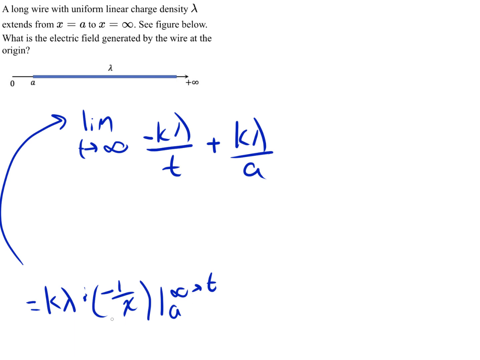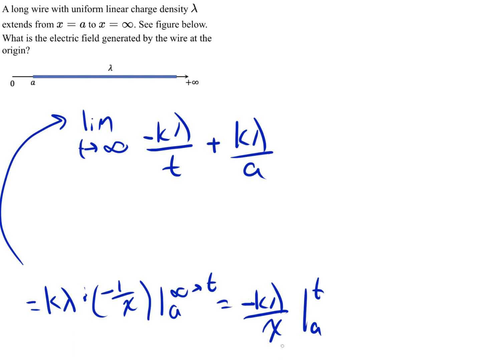So we're basically evaluating negative 1 over x from a to t, where this is the limit as t approaches infinity.